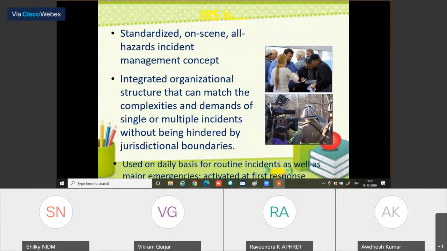This is a system which packages the best practices in management of any disaster with a proper monitoring system. We also need a management information system, and on top of it we need certain organization principles.